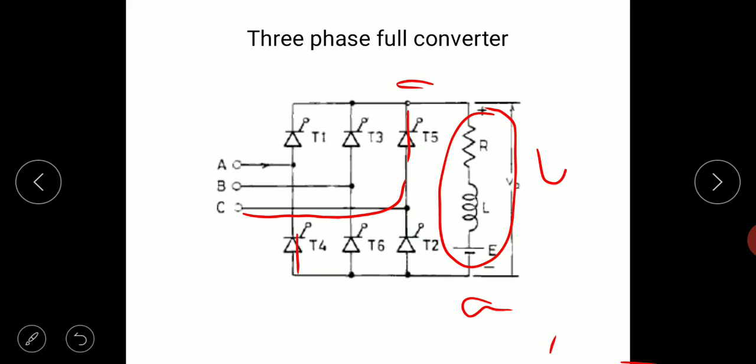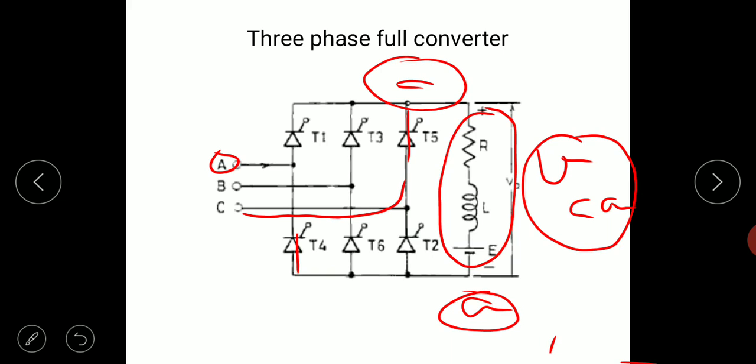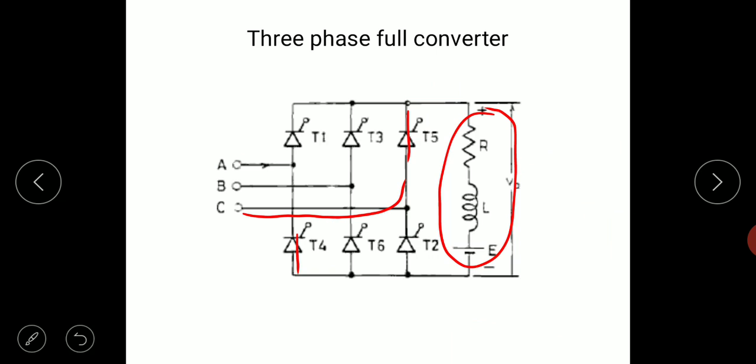So voltage that will appear across the load will be VCA voltage. Okay, you can again observe, since T5 is short circuited, C terminal will come at the upward side, and since T4 is short circuited, this A terminal will come towards the downward side. So voltage appearing across the load will be VCA.